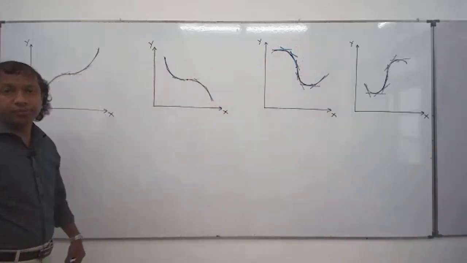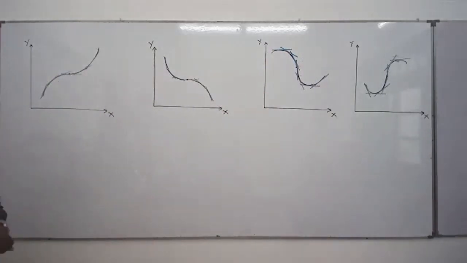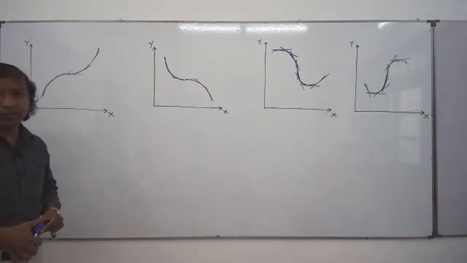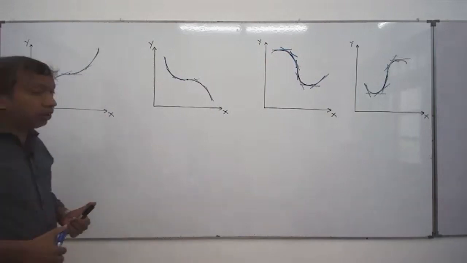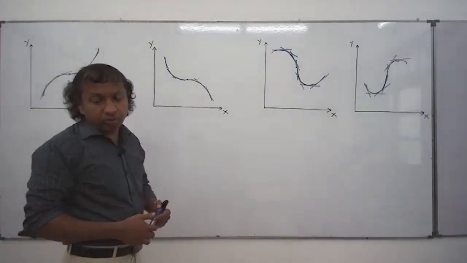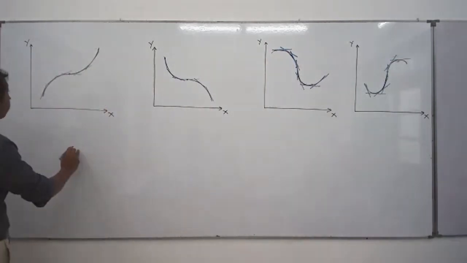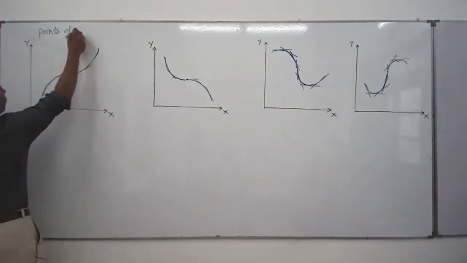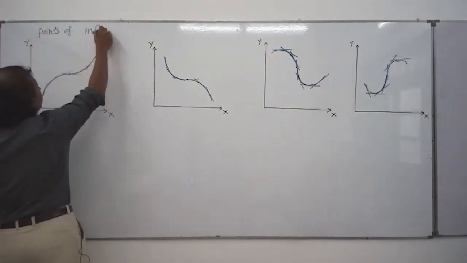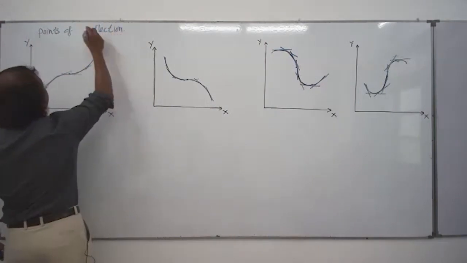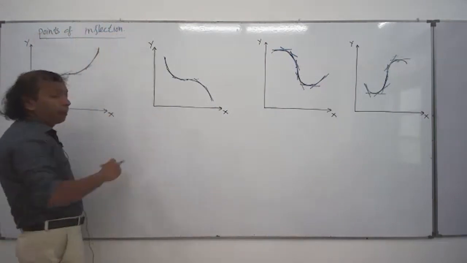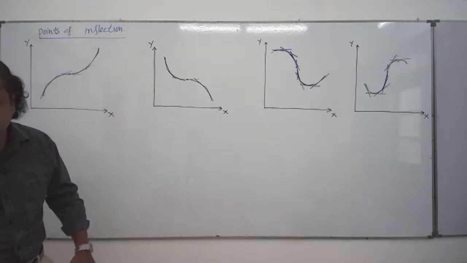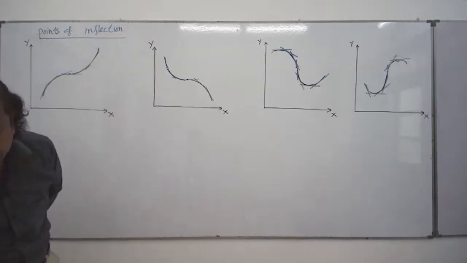That is how we define the point of inflection. Understand? Okay, right. Now write down another subheading, people: points of inflection is the subheading. Okay, right. Now write down a sentence like this.